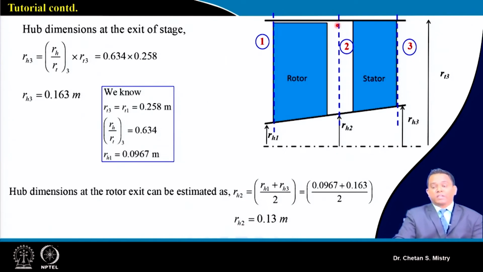Now here in this case there are different possibilities when you are doing your design. Initially you are doing your preliminary design, so this calculation will help you. Very soon the question will come, sir, what will be the axial gap between rotor and stator? Let me tell you, for a transonic configuration, people safely assume the axial gap varying from 20% to 35% of the rotor chord.